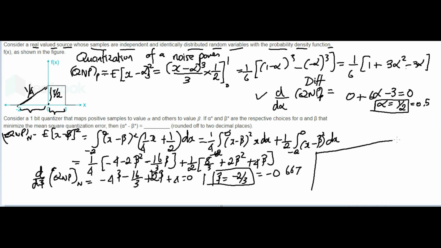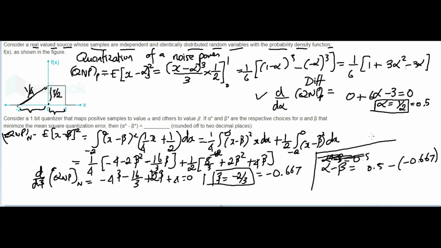Now the next one is alpha minus beta, which is 0.5 minus of minus 0.667.